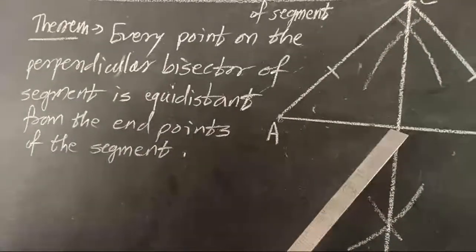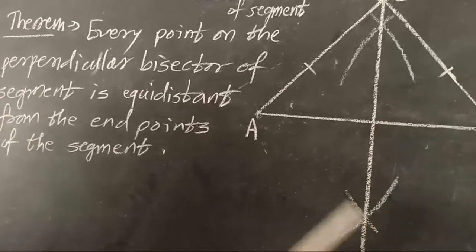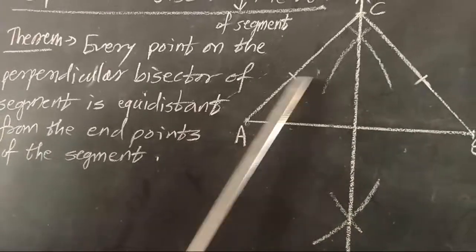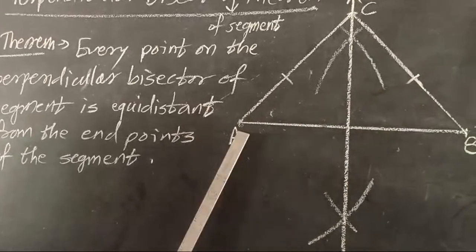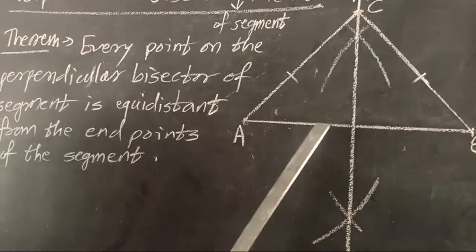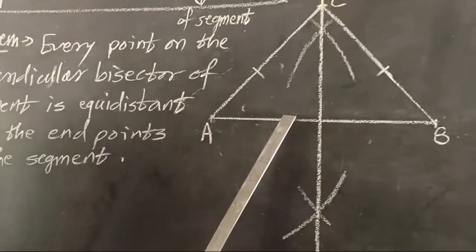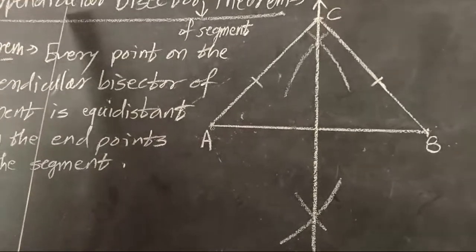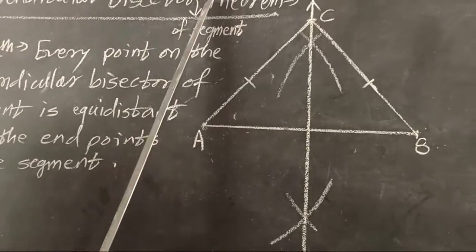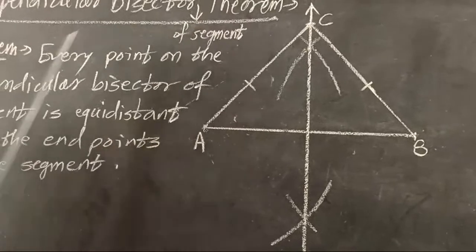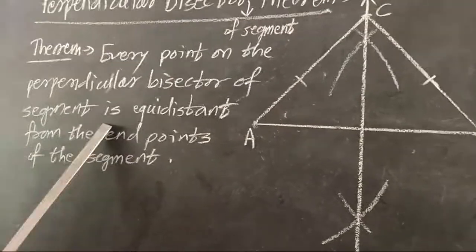Every point on the perpendicular bisector of a segment is equidistant from the end points of the segment. That is the perpendicular bisector of segment theorem. This is the theorem sentence.